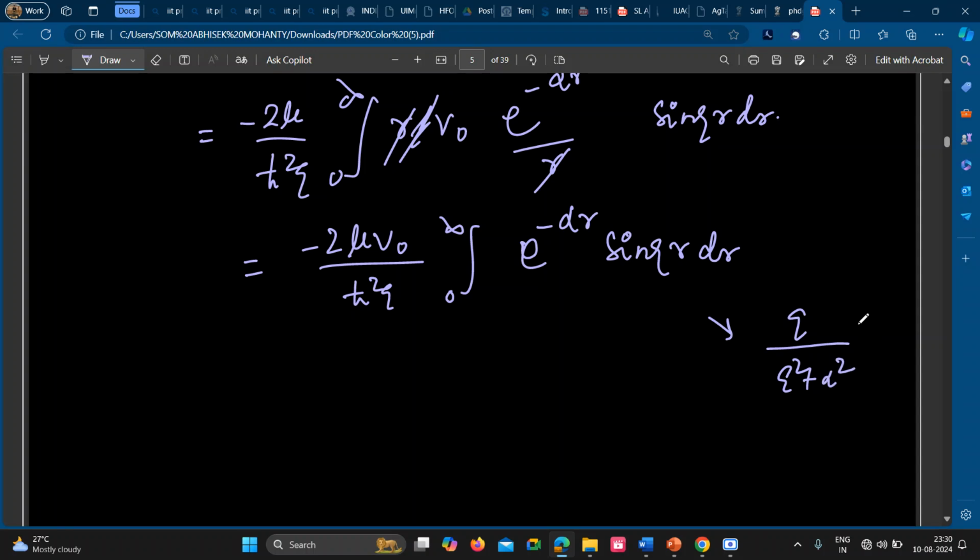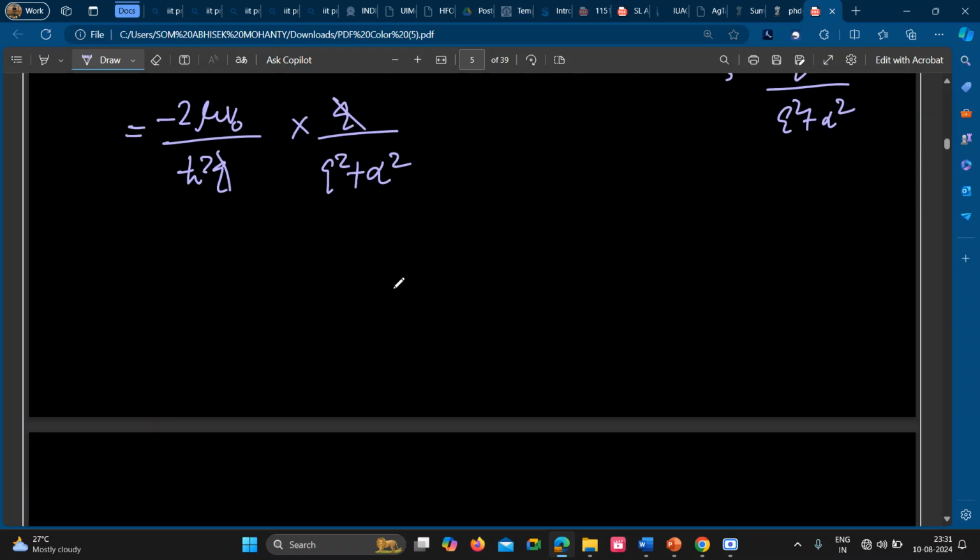Just remember it, you don't need to solve it; if you solve it, there will be a long process. It is better to remember these kinds of integrals to solve these questions quickly. So the expression is minus 2 mu V naught divided by h cut square, q square plus alpha square.